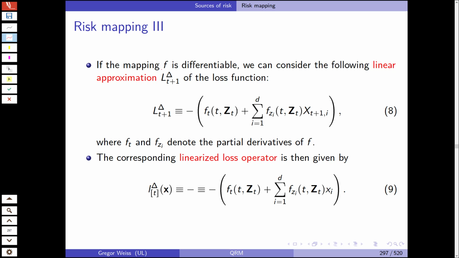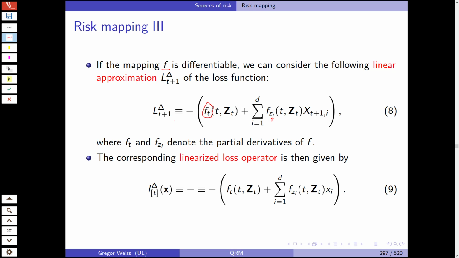The question now is, is f differentiable? In German, differenzierbar. If it is, we can follow a linear approximation. We haven't made any assumption about f, but if f is differentiable, we can make a linear approximation and make it rather simple. We can calculate the partial derivatives of f with respect to t and with respect to all those individual risk factors.